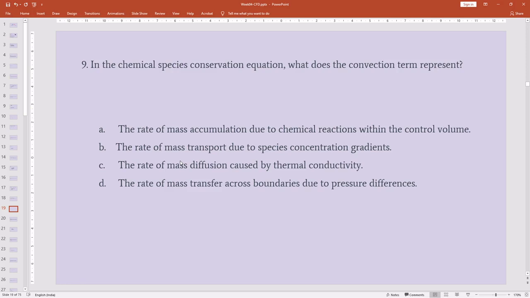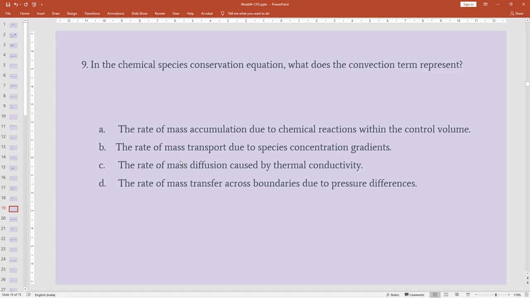Next question. In the chemical species conservation equation, what does the convection term represent? Option A, rate of mass accumulation due to chemical reaction within the control volume. Option B, rate of mass transport due to species concentration gradients.